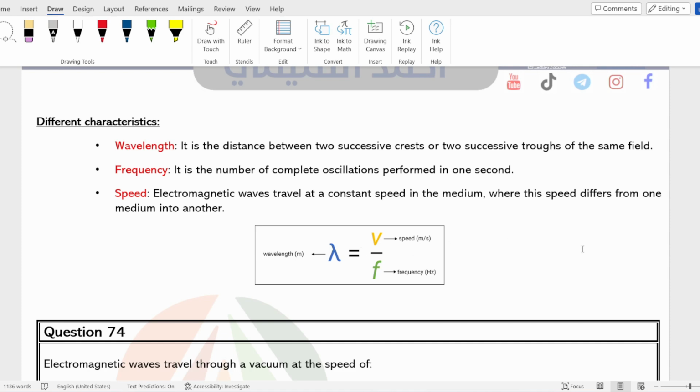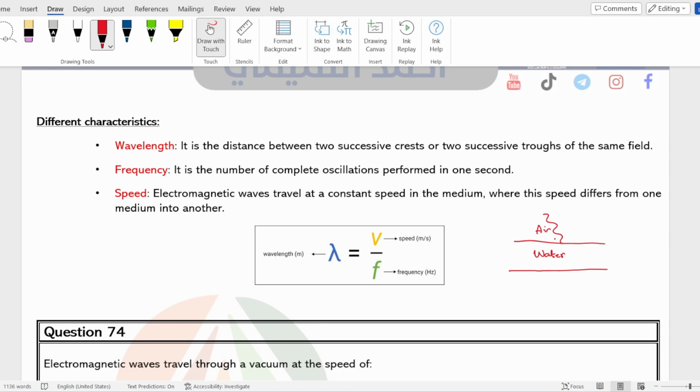Yani, for example, let's assume that here we have water, and this is air. As the light waves travel from air to water, basically their speed will either increase or decrease.